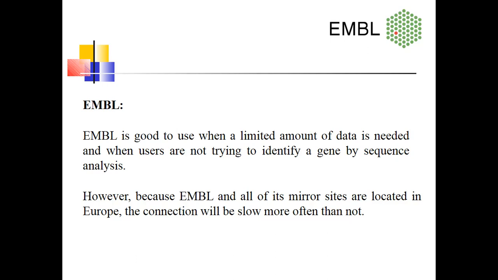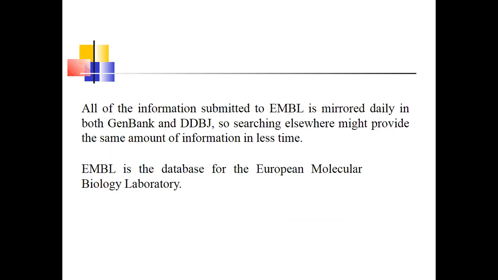The mirror sites are those sites that are connected with EMBL, and pipelines are generated that have the same data as EMBL. All of the information submitted to EMBL is mirrored daily in both GenBank and DDBJ, as we already discussed in the figure: if there is any entry submitted with the help of Entrez, NCBI, or any other submission of sequence, the data will move with the help of a pipeline to other related databases like GenBank and DDBJ.